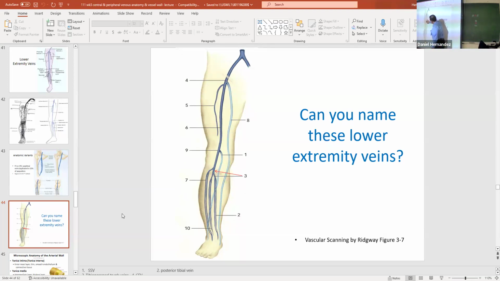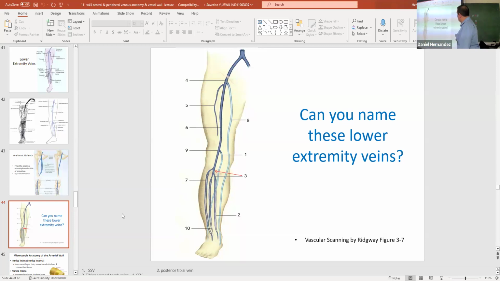Femoral vein continues down the thigh and becomes popliteal vein at the level of the knee. Popliteal vein will then split into your anterior tibial veins, which are most lateral. You've got your tibial peroneal trunk, which is 3 there. Then your tibial peroneal trunk splits into your peroneal and posterior tibial. So 2 would be your posterior tibial veins. They're most medial. Peroneal veins are going to be in between, represented by 10.